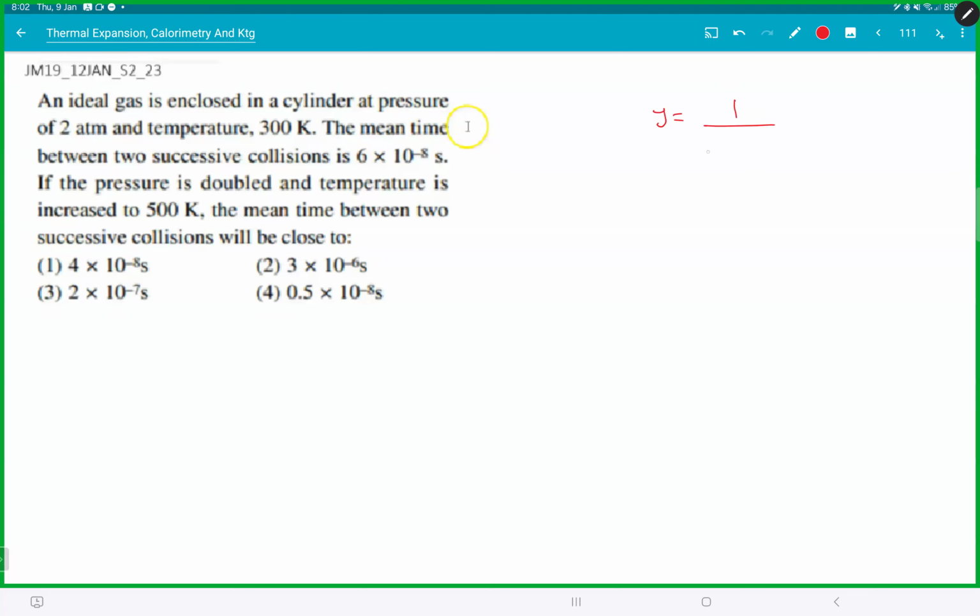So again, time is nothing but 1 by root 2 pi sigma square NV v mean. Try, I'll give you a minute. So you need to get this tau in terms of pressure and temperature now. You always need to see what is being changed. So get that in those terms and then finish it off.